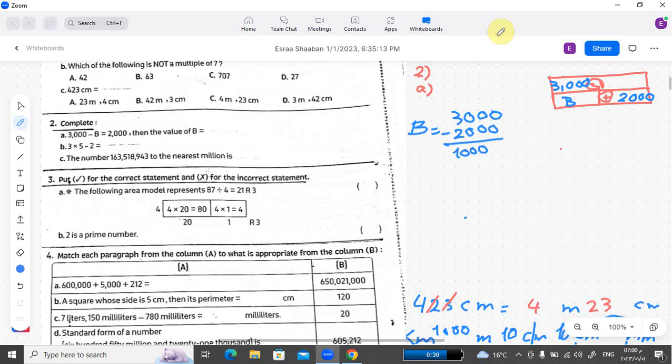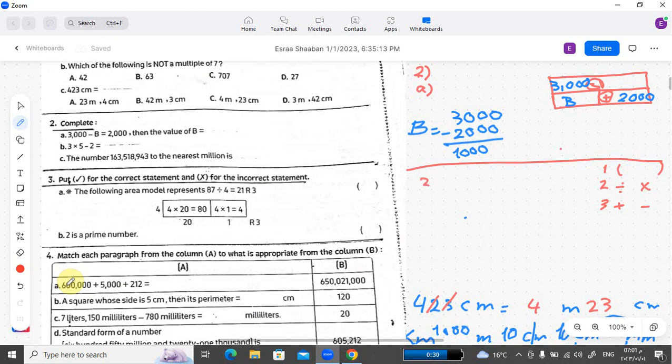Okay. Letter B. 3 times 5 minus 2. When I have more than 2 operations, we use the order of operations: first I search for brackets, second divide or times, whichever comes first from the left, and third plus or minus, whichever comes first from the left.